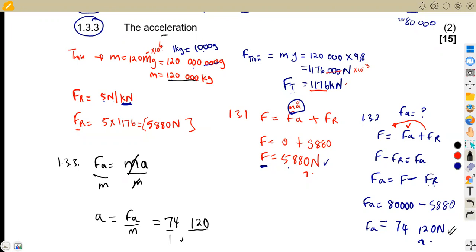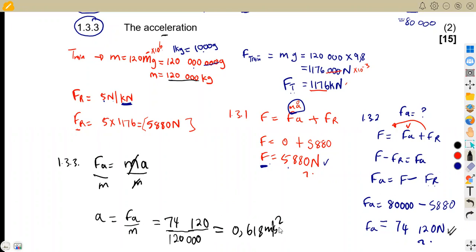All right, sorry for that, guys. So this was over like this. So we have got 120,000. If we are to divide this, we are going to have our acceleration as 0.618 meters per square second.